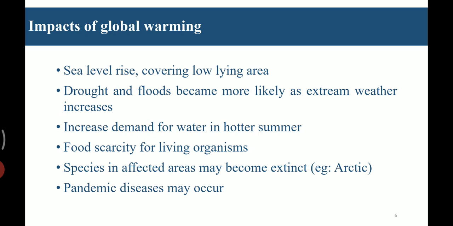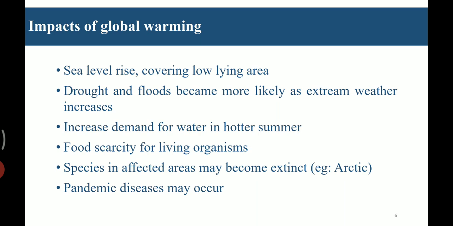So what are the major impacts of global warming? You see that, because of the global warming effect, majorly sea level rise. Ice is melting due to the rise in the average global temperature, and therefore sea level rises, covering low-lying areas. So wherever there is low-lying area, it will be covered by this sea water.